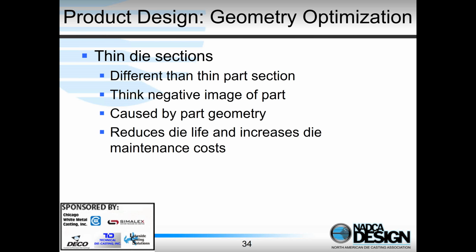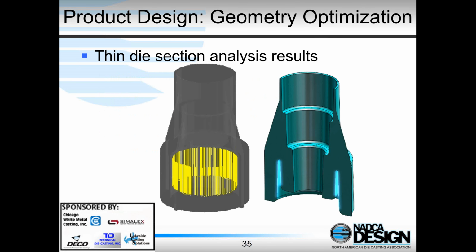And so again, thin areas of the die will tend to get very hot and again give us premature failure due to heat checking. So as we talked about doing a thin section analysis on the casting, we can also do a thin section analysis on the die. What it shows here, we have thin sections between standoff bosses in the middle of the casting.